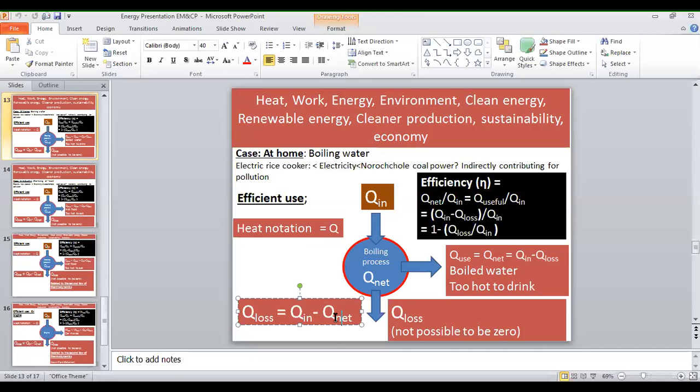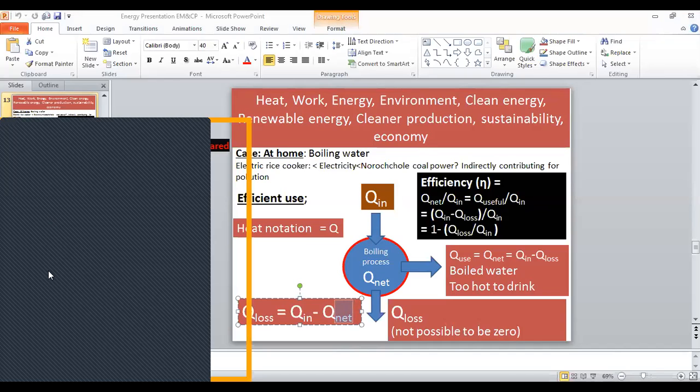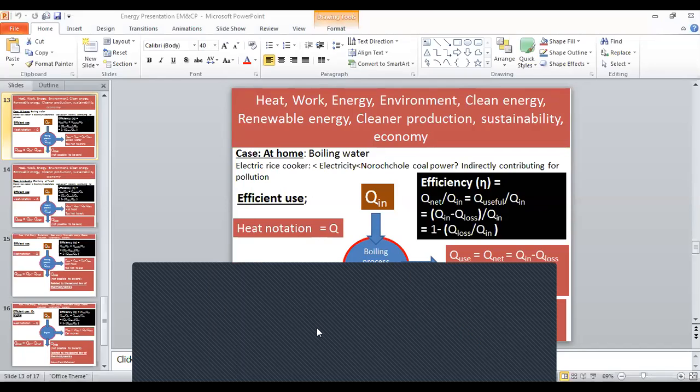Q useful. Q net or Q useful. So that is what we have learned.